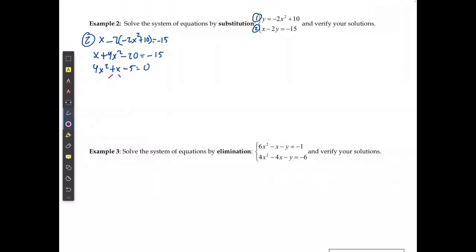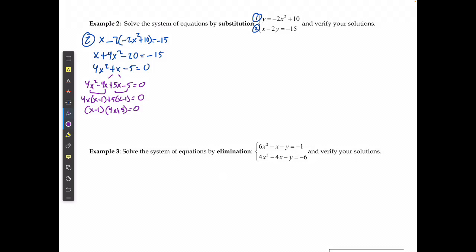I'm going to split up the middle term, and I'm going to say that I have 4x squared minus 4x plus 5x minus 5 are equal to 0. I have 4x and x minus 1, and positive 5 and x minus 1 are equal to 0, or x minus 1 and 4x plus 5 are equal to 0.